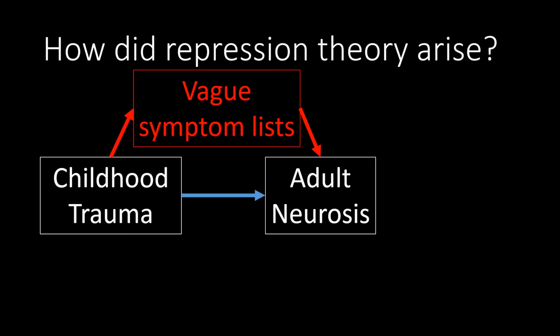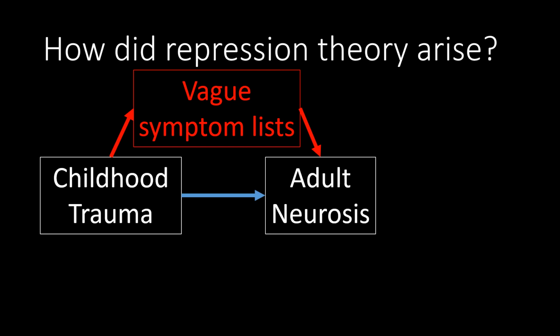So in other words, if somebody does have trauma and they feel that they don't have adult neurosis, they will still nevertheless be able to find some of these vague symptom lists, such as the vague symptom lists listed in the book I mentioned before, The Courage to Heal.